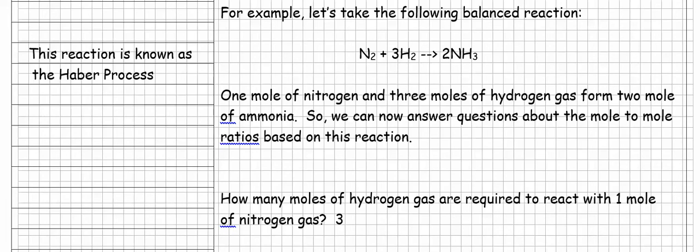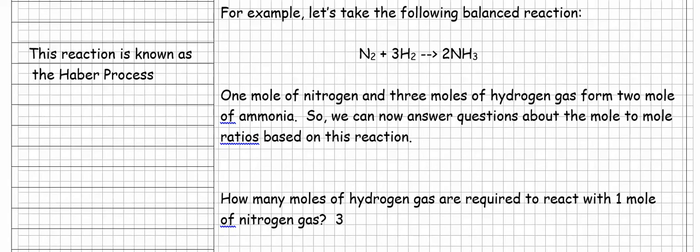But the point is that the Haber process ended up saving millions of lives, actually, because ammonia, the product, is used in fertilizers. And so this process actually helped to feed millions of people around the world who would ordinarily not have lived because of starvation. They would have starved to death had it not been for this process. So you see, chemistry is very, very important in our daily lives.